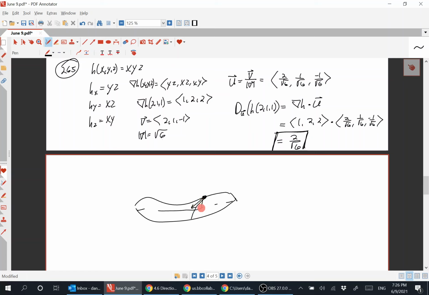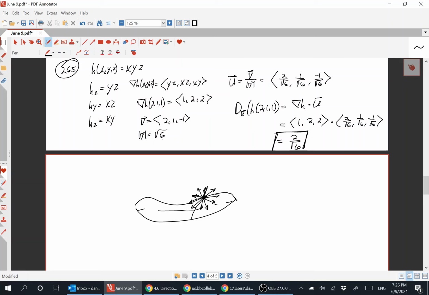You can turn that disk in the tangent plane of vectors. You take this little disk around it, and you could spin that vector around. And the slopes in all those different directions, those are the directional derivatives.